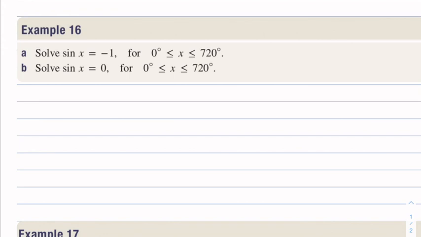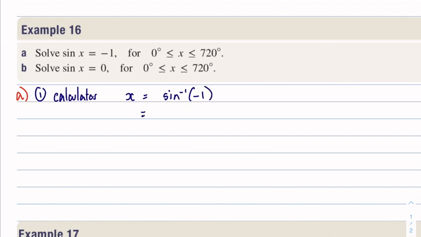Sine x equals minus 1 for angles between 0 and 720. So the first thing we're going to do, in our calculator, x would then be sine to the minus 1 of negative 1.